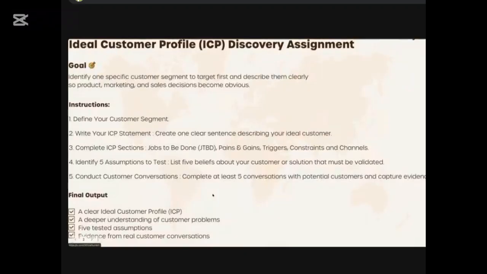Okay, the next slide. You can also actively go into these resources and create your ideal customer profile based on this discovery assignment. The goal is to help us identify one specific customer segment to target first and describe them clearly, so product, marketing, and sales decisions become obvious for everyone.